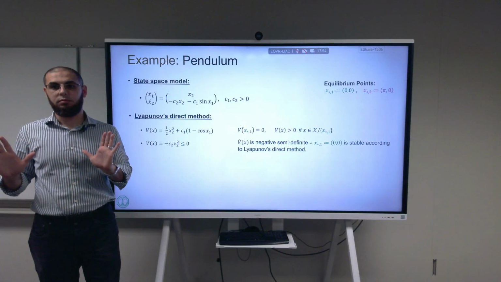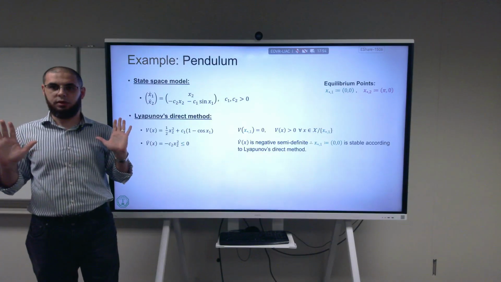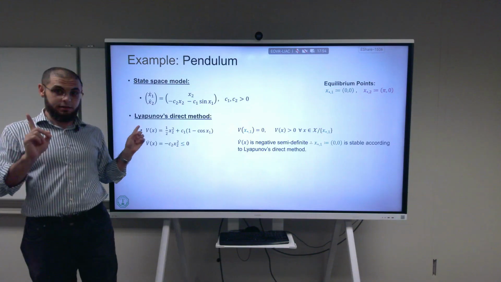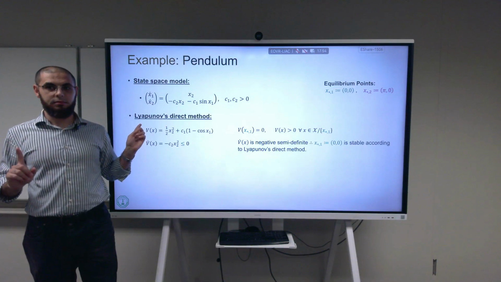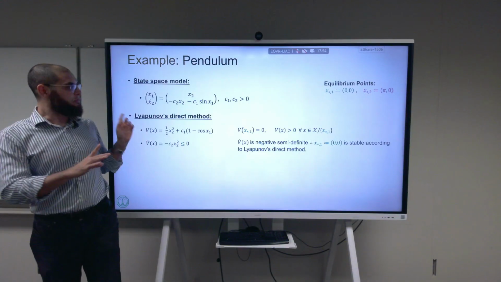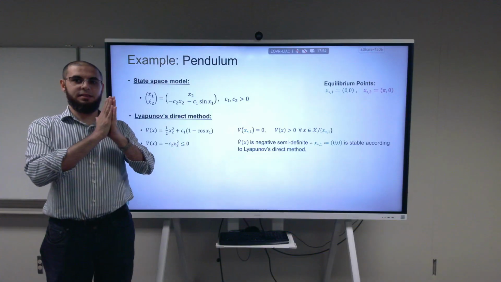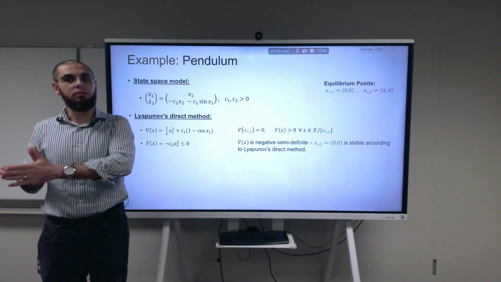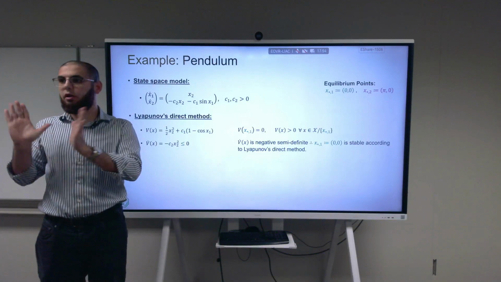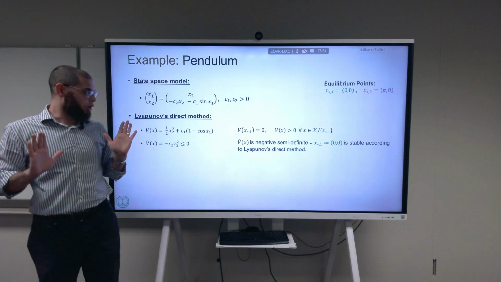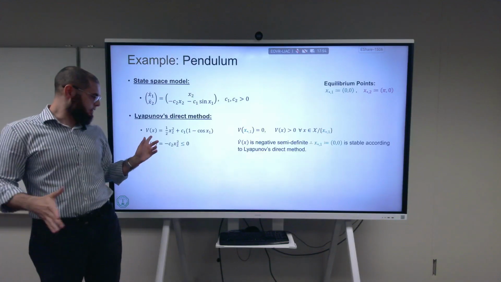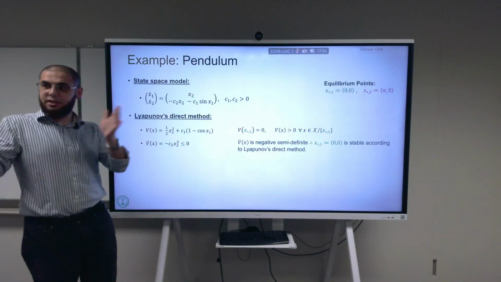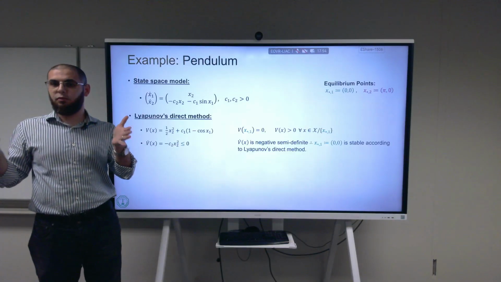From 0 to 2 pi. No, that's not correct. For x? V. I'm talking about the V, the function. V is a function that eats x and gives you a real number. So if I give it all points in x, all of the x's, what is the range exactly of the V? What is the minimum and maximum?